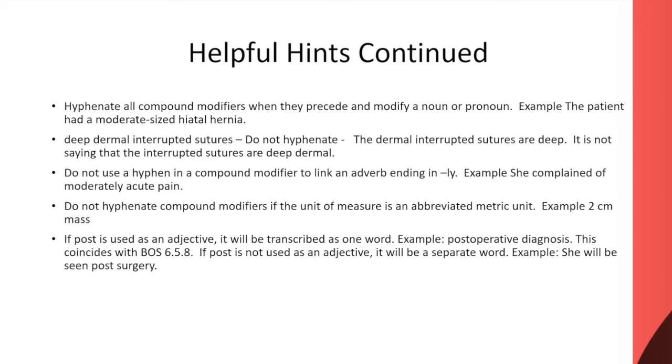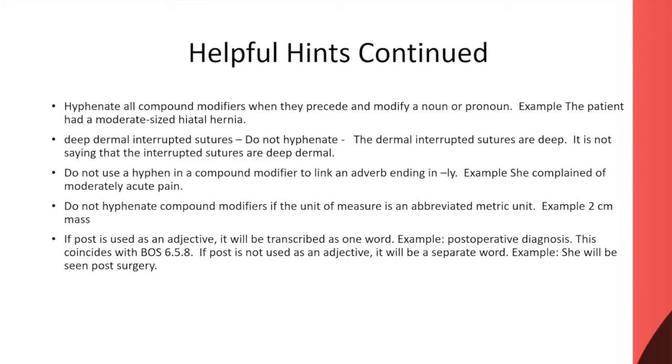So therefore, it just makes sense to leave it the way it is, deep dermal interrupted sutures, because that's what they're saying. The dermal interrupted sutures are deep. It isn't saying that the interrupted sutures are deep dermal. So sometimes you have to kind of change it around like that just to see if it makes sense or not.